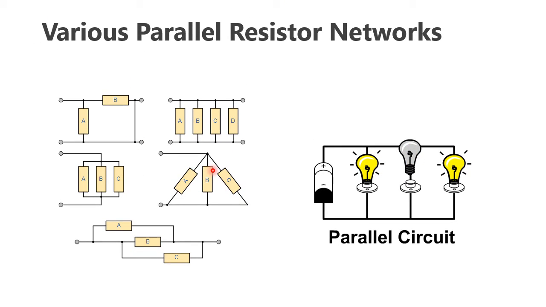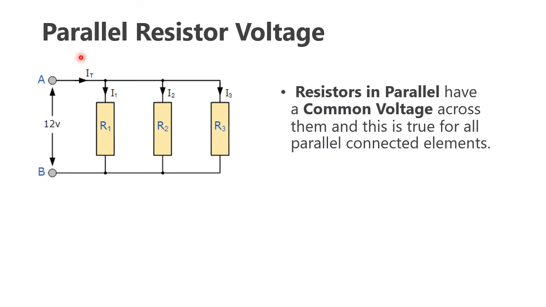So here are the 5 resistive networks which look different to each other, but they are all arranged as resistors in parallel, and so the same conditions and equations apply. Parallel resistor voltage.